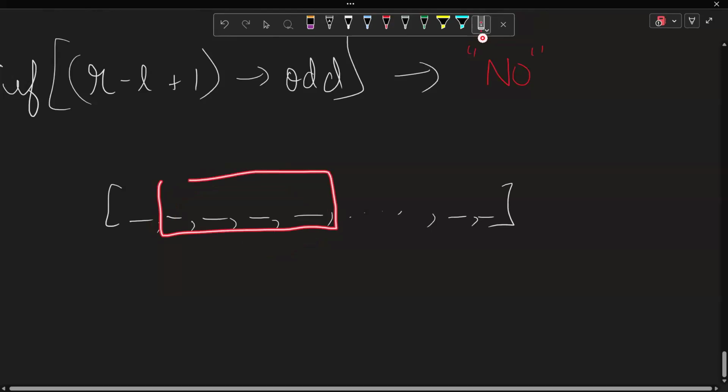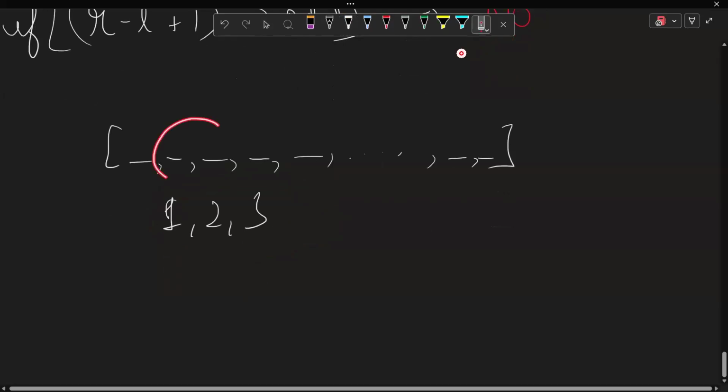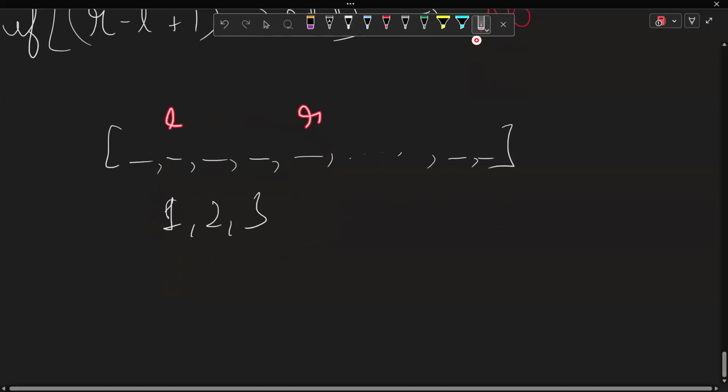What information do we need for this subarray? If we are allowed to rearrange the elements, then we only need the information of the values it has. And we know that elements can either be 1, 2, or 3 only. So if we know the count of ones in this range from L to R, the count of twos and the count of threes, that's sufficient information to differentiate an array from another array.